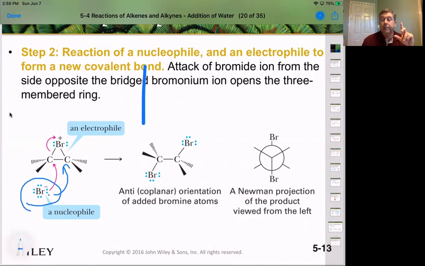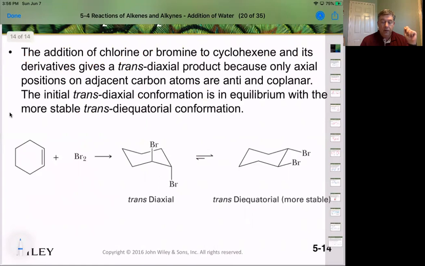And if we looked at that by a Newman projection, that would show the bromine is facing down on one carbon, but it's facing up on the other carbon in that reaction state. Okay, so what that means is that when we do this reaction on this cyclohexane right here, we'll form bromine on the top right here, and then the other one comes on the bottom, giving us a single isomer.